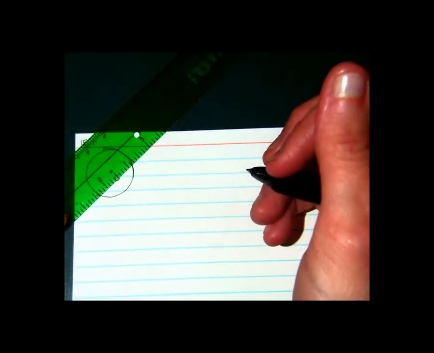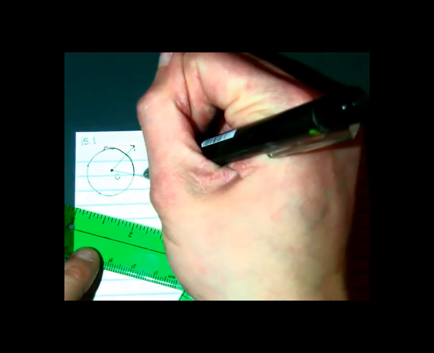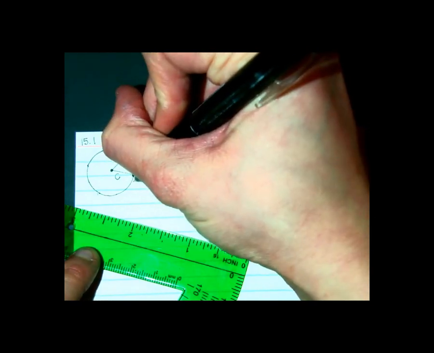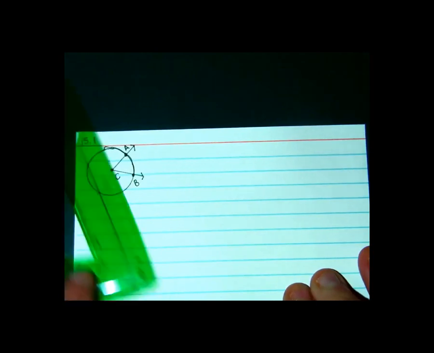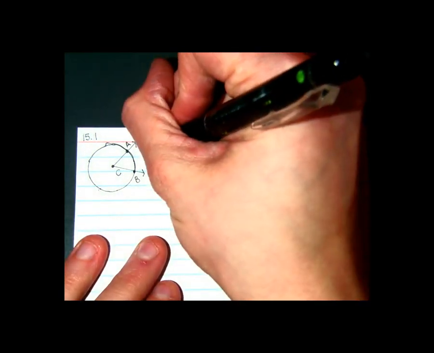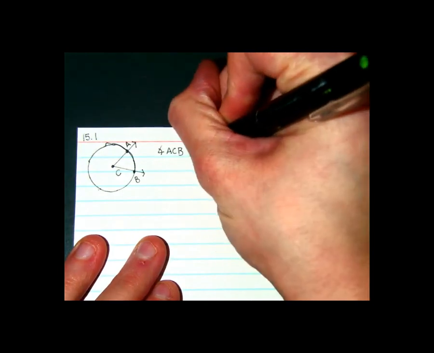And then take your straight edge and draw an angle with C, the center, as the vertex. And label the points where it crosses. Yes, the center. All right, angle ACB is a central angle.